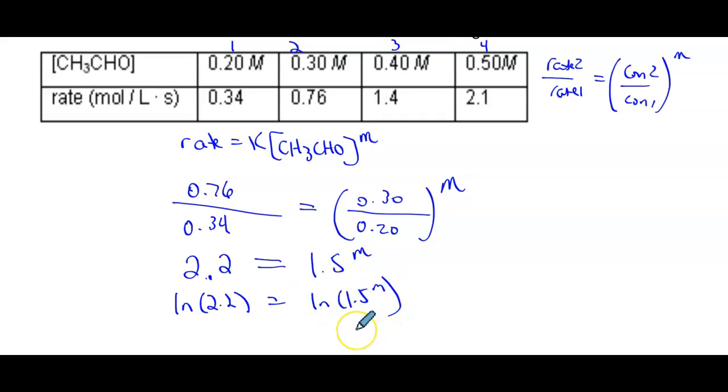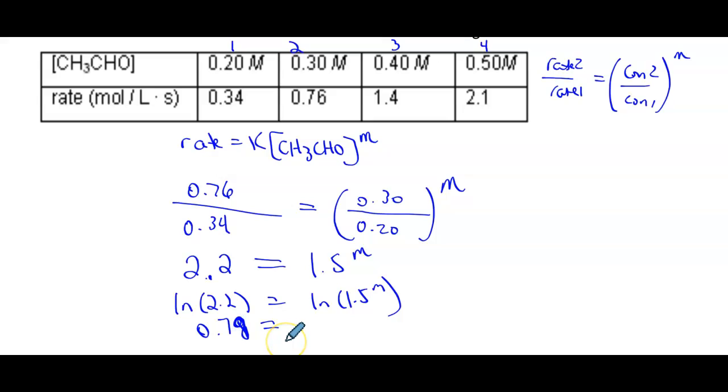When we take the ln of something raised to a power, you should find the ln button on your calculator, not the log button, please. And this is 0.78. Actually, I think that is 0.79 with sig figs, so I'm going to fix that: 0.79.